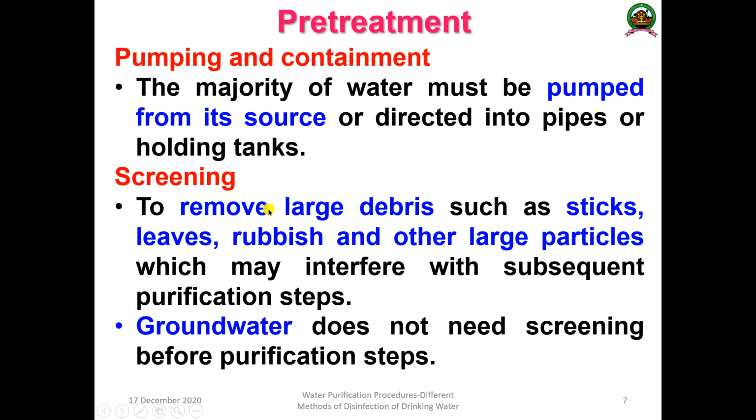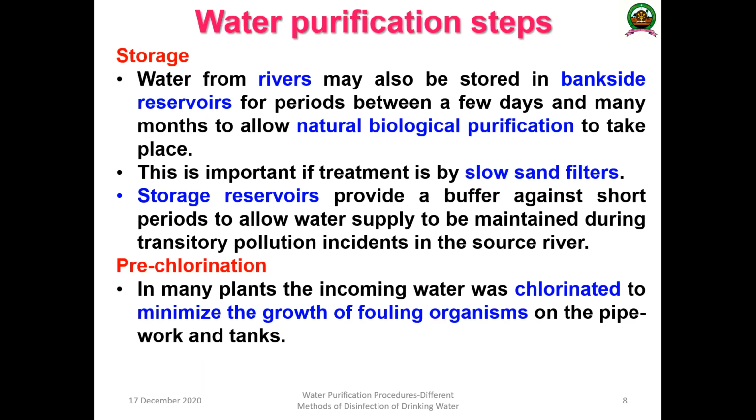So the bigger particles you need to segregate using a screening protocol. Groundwater does not need screening before the purification steps. For surface water it is required, because surface water contains a lot of dumped waste in high concentration, but underground water does not need those steps.